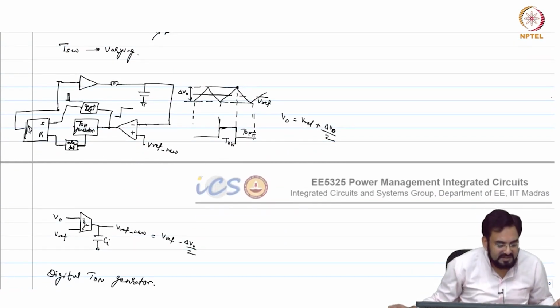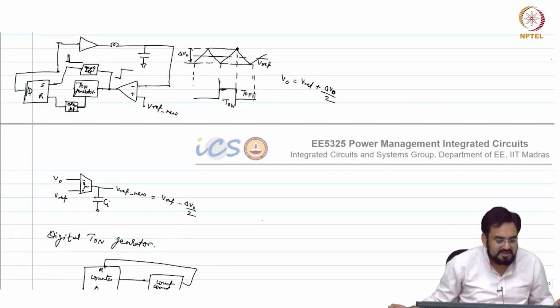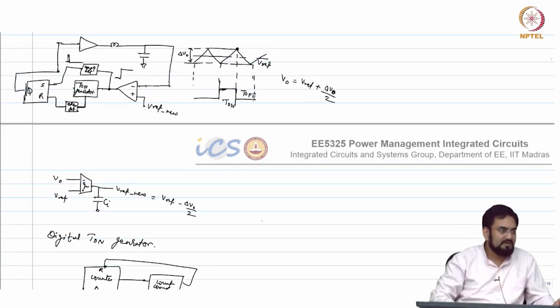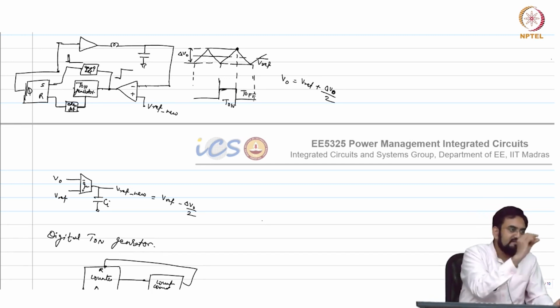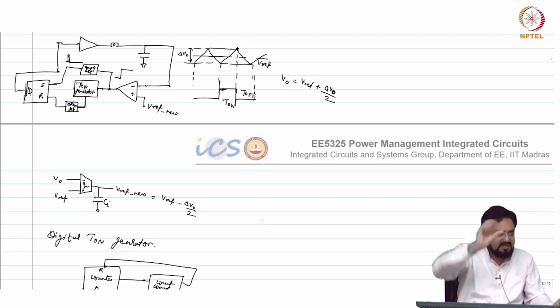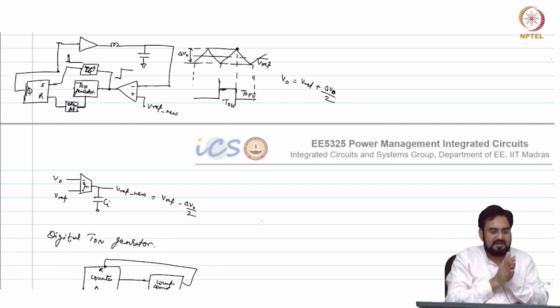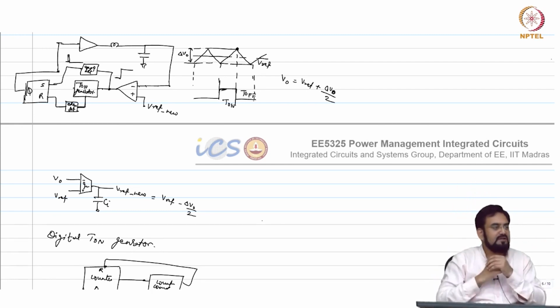Unless you make your hysteretic window very small, then any small change in the output will be sensed, and your comparator will make the output all the way high or low.